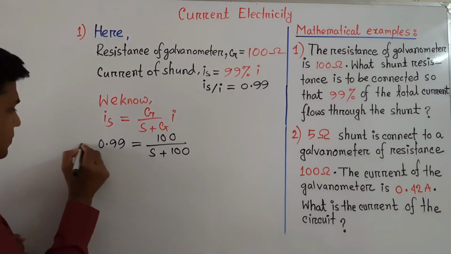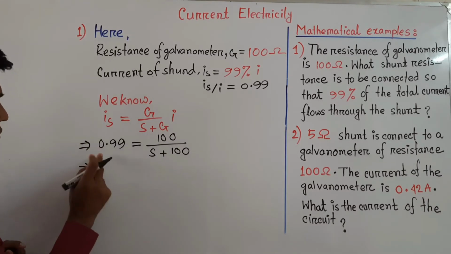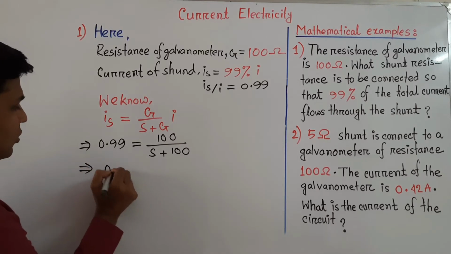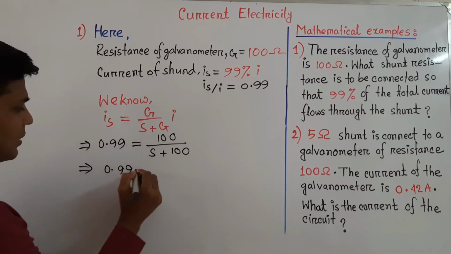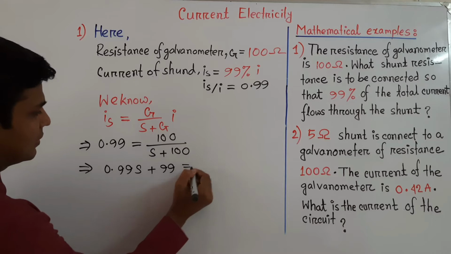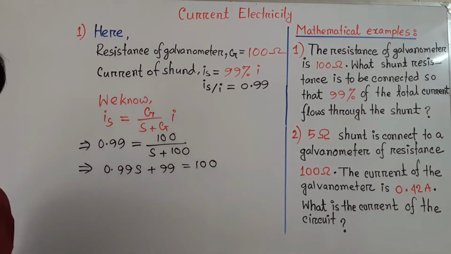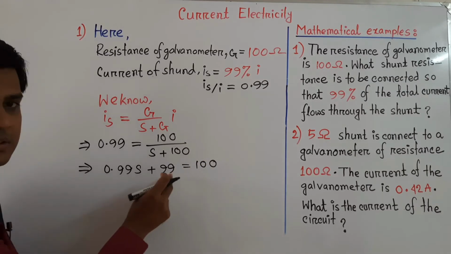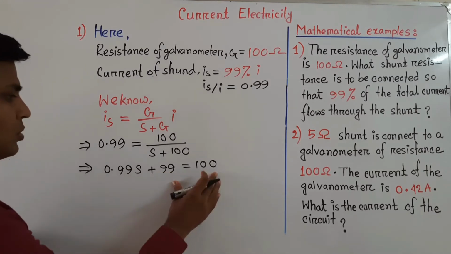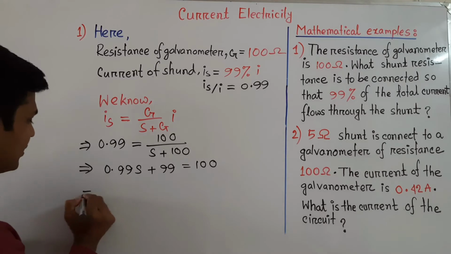Now if we cross multiply, we can write 0.99 S plus 99 equals 100. Now if we change this 99 from left to right, it will be subtracted from 100, and we will get the answer 1.